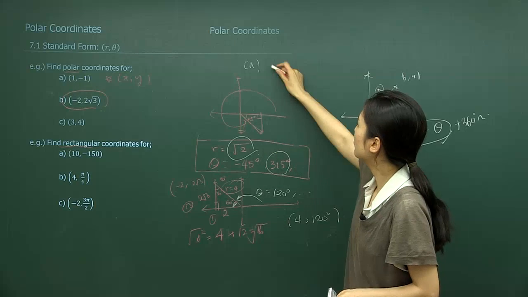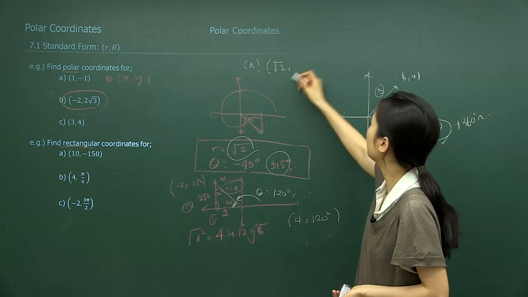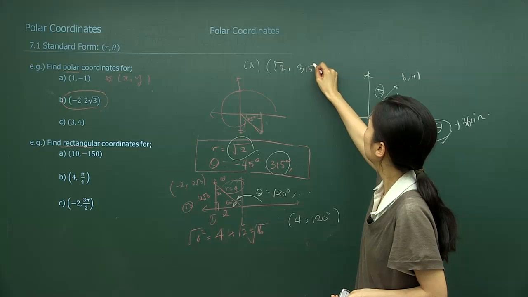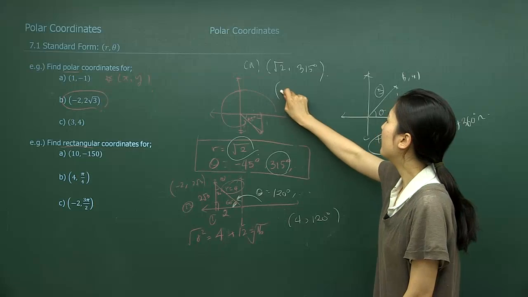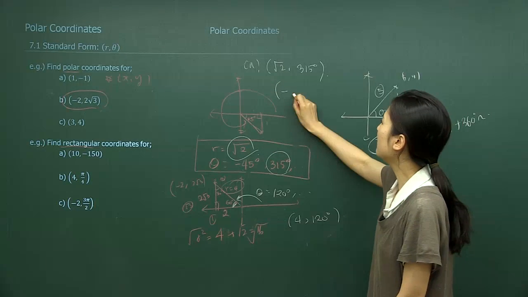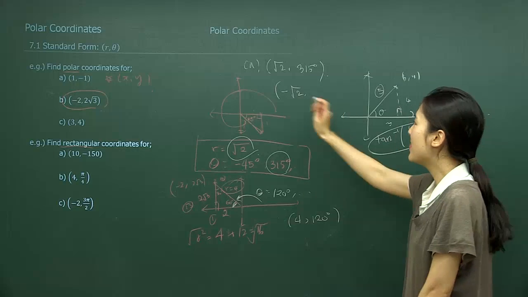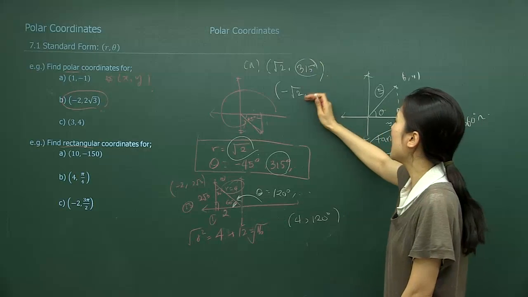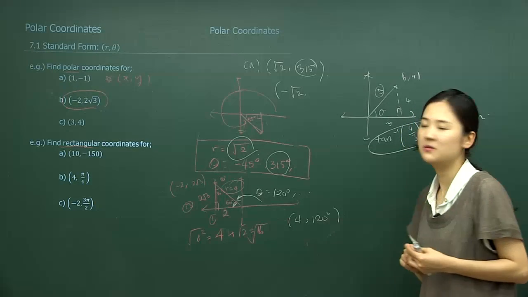From this, we know that one of the polar coordinates that we can use is square root of 2, comma 315 degrees, right? The thing is, for polar coordinates, we may write negative r. When that happens, your angle changes by 180 degrees.